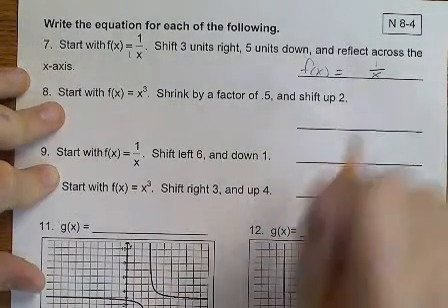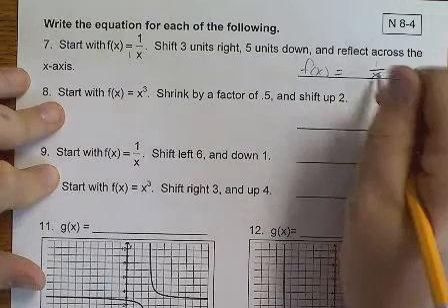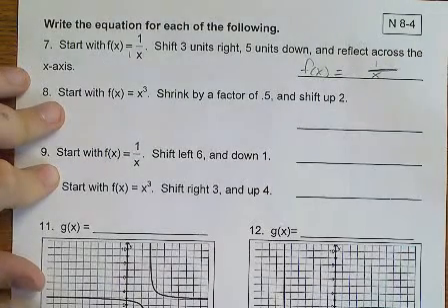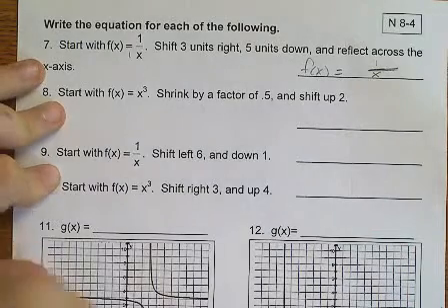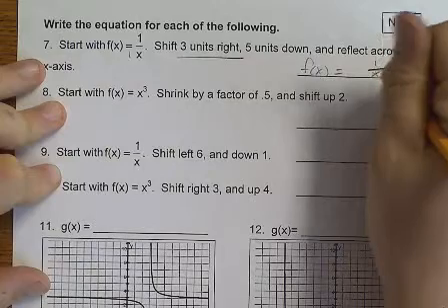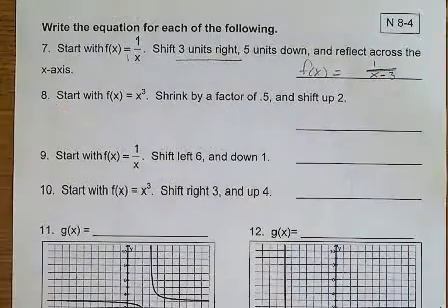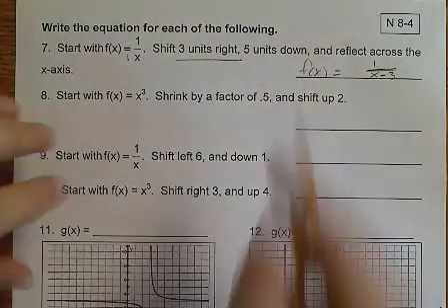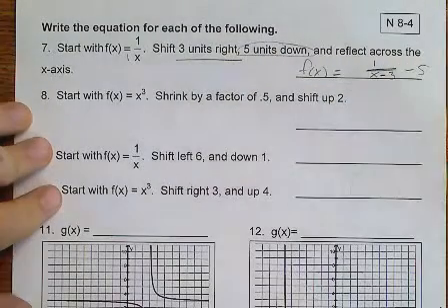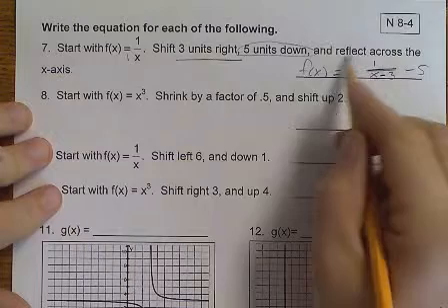And if I need to, I can extend this to right inside. Well, 3 units to the right, that's going to mean -3 on the inside. 5 units down, that means -5 on the outside. And reflecting means that I need to put a negative sign in front.